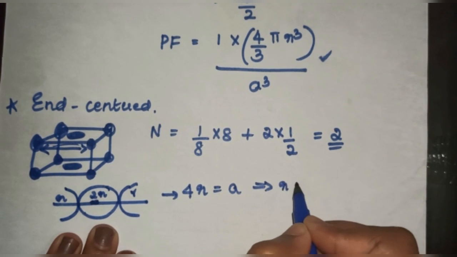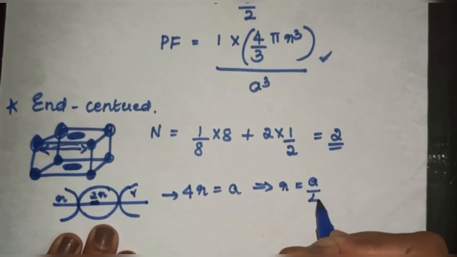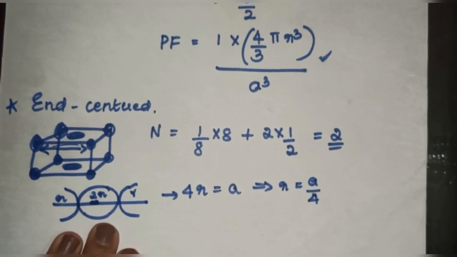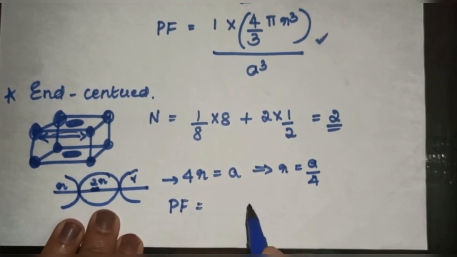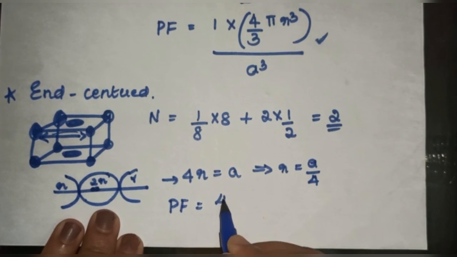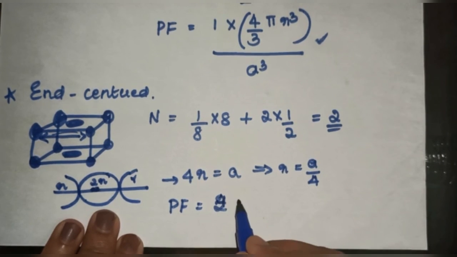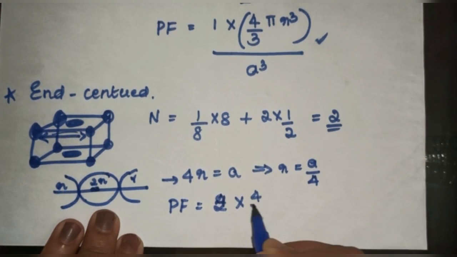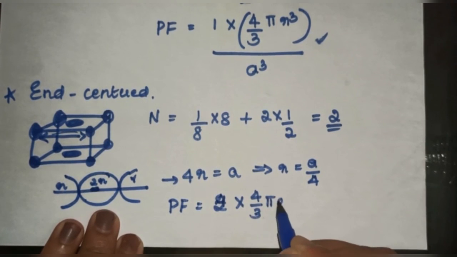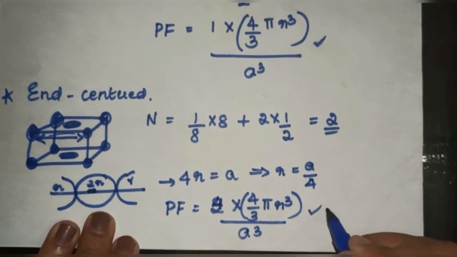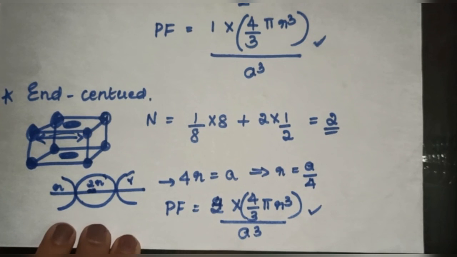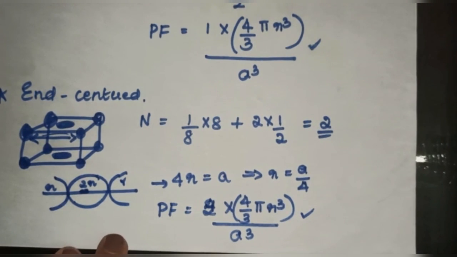Now R is equal to a by 4. So now the packing fraction will be 2 into 4 by 3 pi r cube by a cube. If you further simplify it, you get the packing fraction of end-centered. I hope I have made the topics clear.